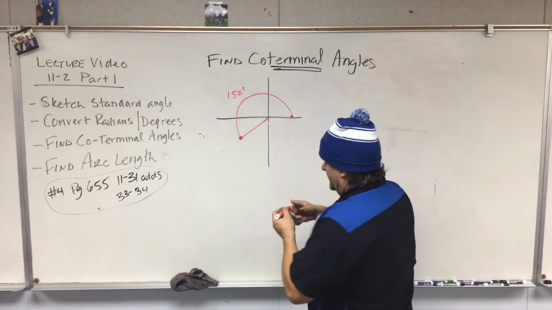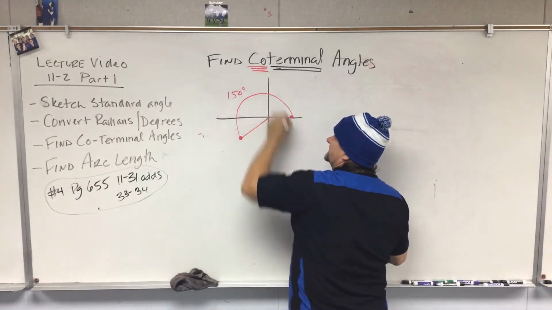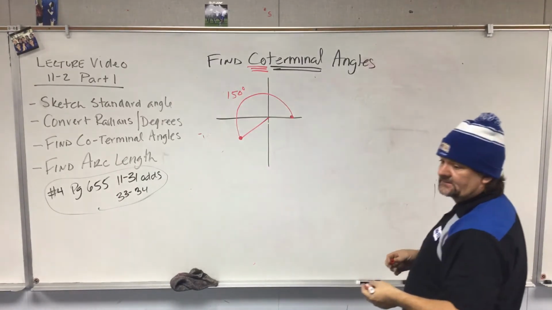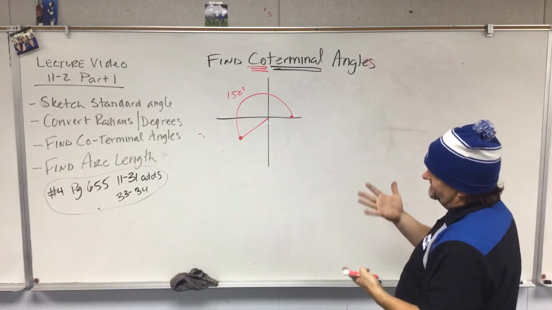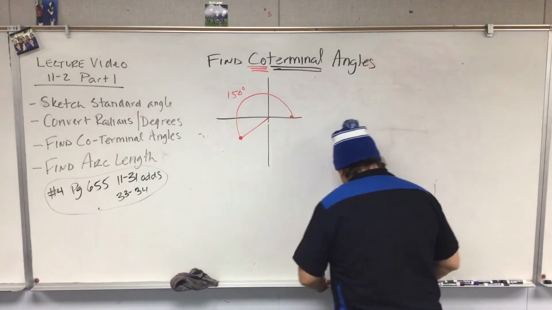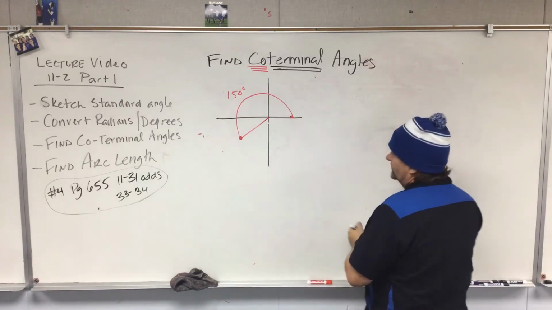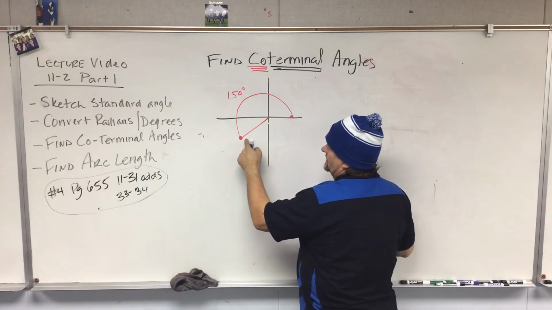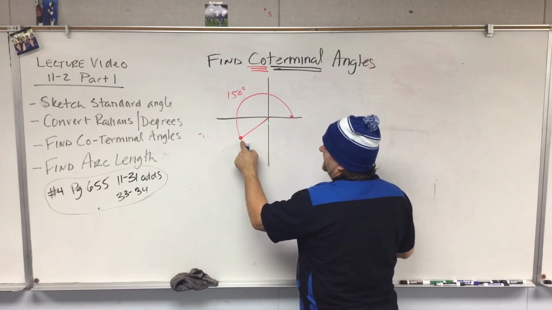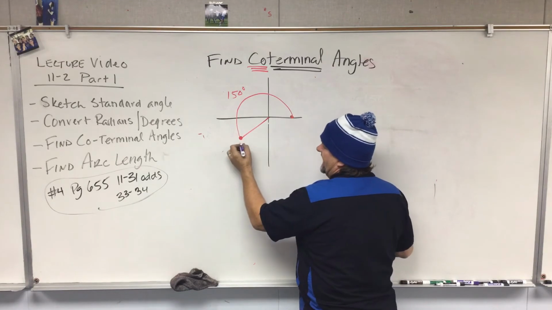I want a co-terminal angle. Co means the same spot, you know, cooperate, you work together. It means the same exact spot. So the idea behind co-terminals is that I can get two new angles off of this one. How?